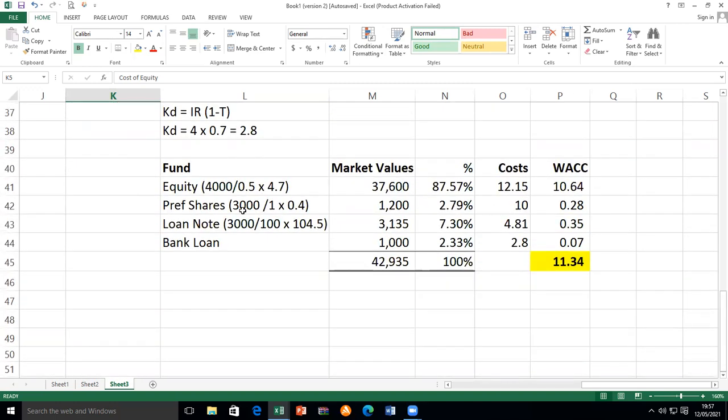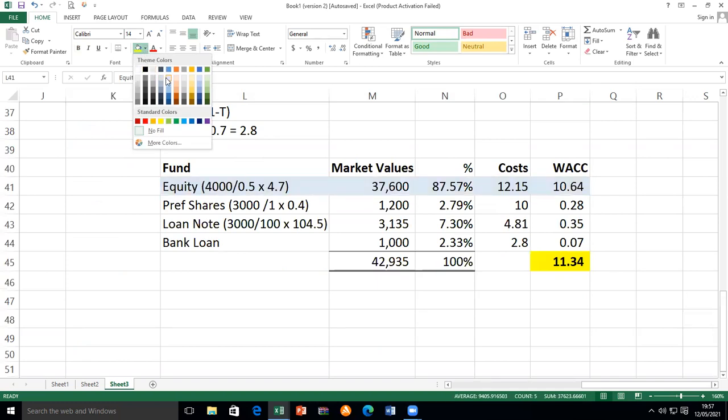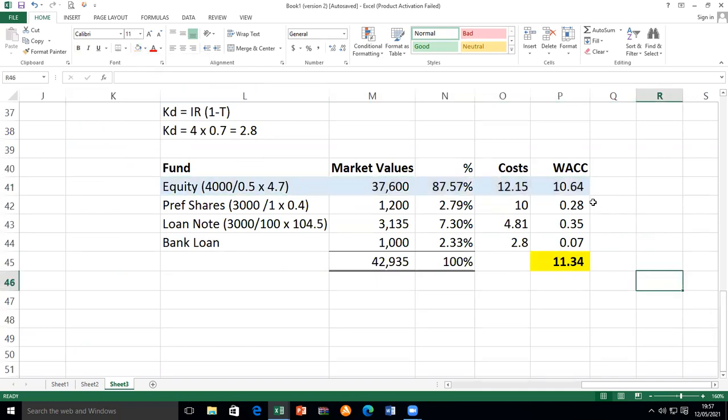So this figure now, this line is going to change. We'll put in a new value there.